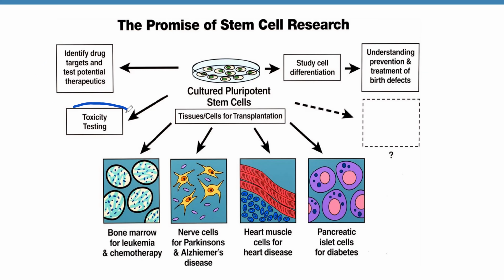Stem cells can be used for testing of toxins, toxicity testing, and of course for tissue, cells, and possibly in future organs for transplantation, because those stem cells can grow into bone marrow cells for leukemia and chemotherapy, nerve cells for Parkinson's, Alzheimer's disease, heart muscle cells for heart disease, or pancreatic islet cells for diabetes.